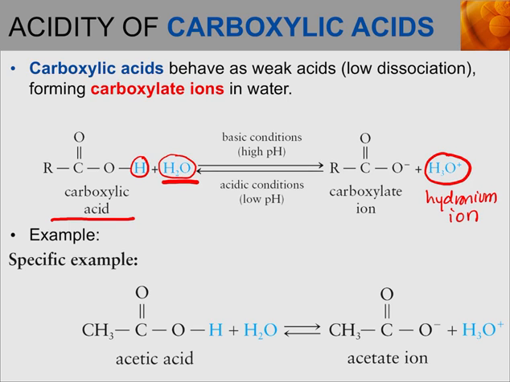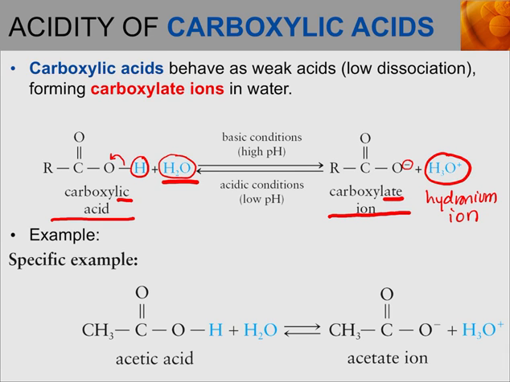Now, because we're taking that hydrogen away from the carboxylic acid, we're going to leave the shared electrons behind on oxygen. So that's going to make oxygen negatively charged. And we call this product a carboxylate ion. So notice that we went from ic acid to ate.